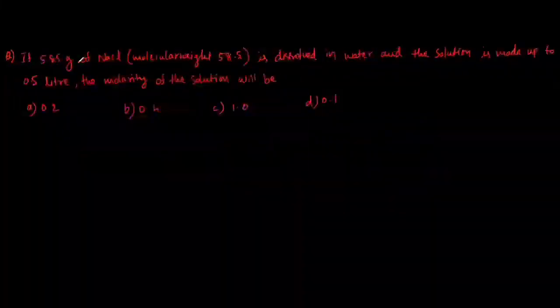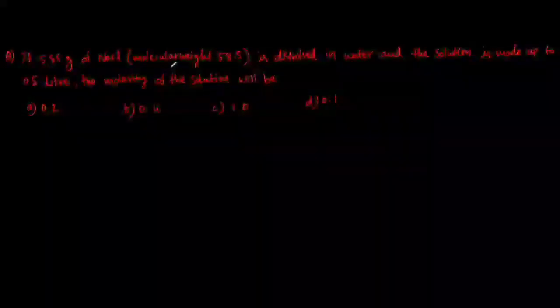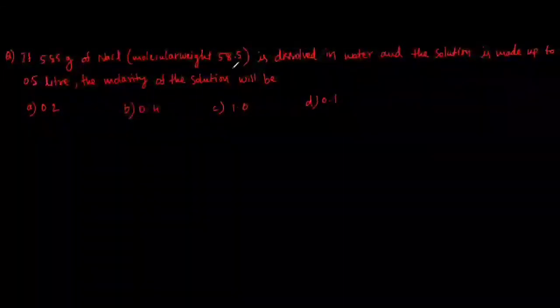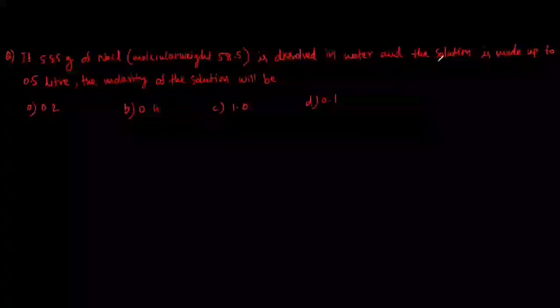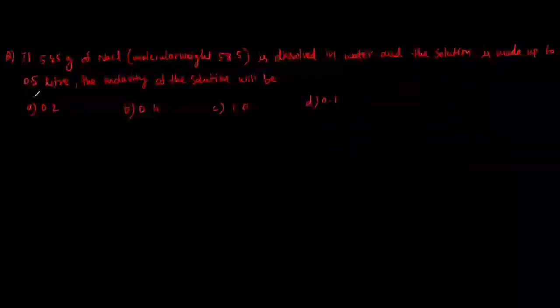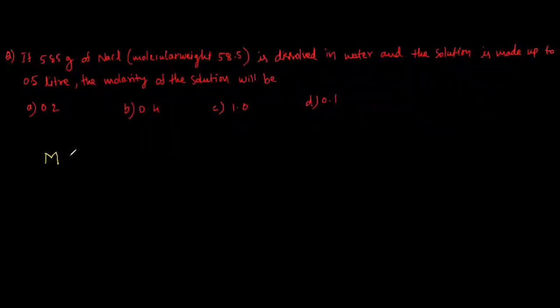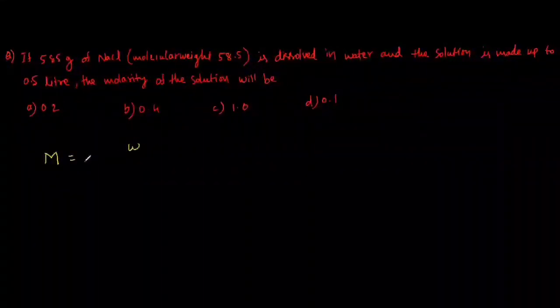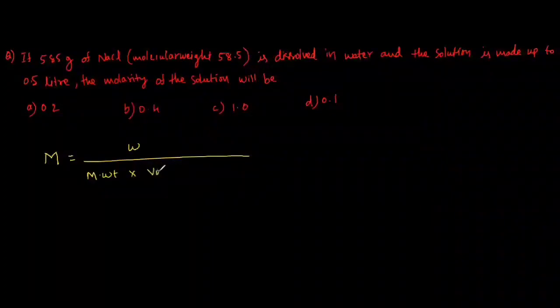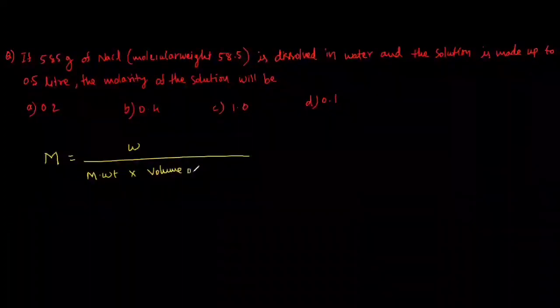The answer is option A. Next, 5.85 grams of NaCl is dissolved in water and the solution is made up to 0.5 liters. Here the volume is given in liters, so molarity is equal to weight of solute by molecular weight of solute into volume of solution in liters.